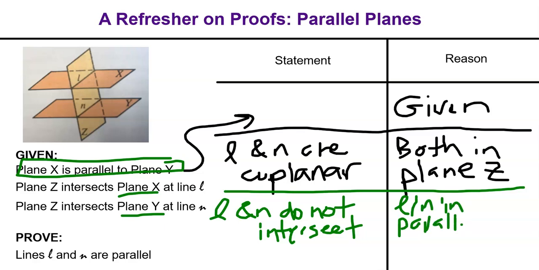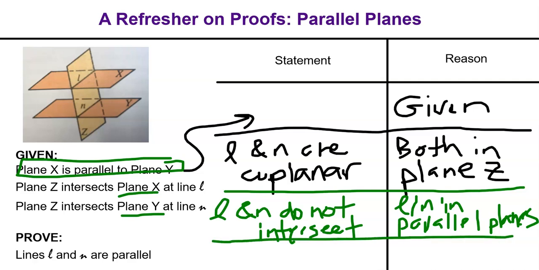And that is part of the definition of parallel planes. They never intersect, and their objects never intersect. Therefore, they are coplanar and they don't intersect, so L is parallel to N by the definition of parallel lines.